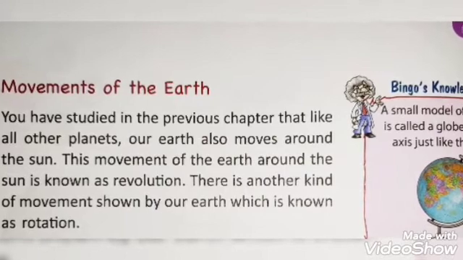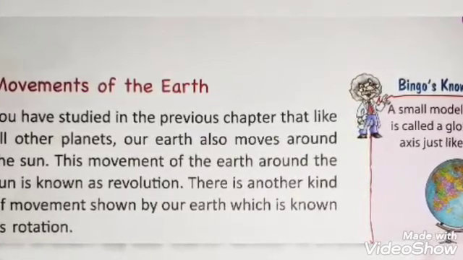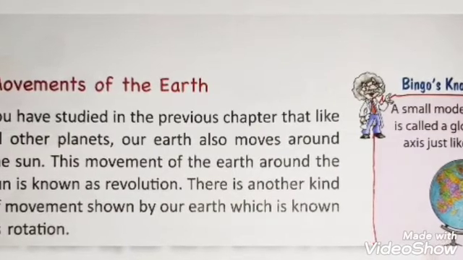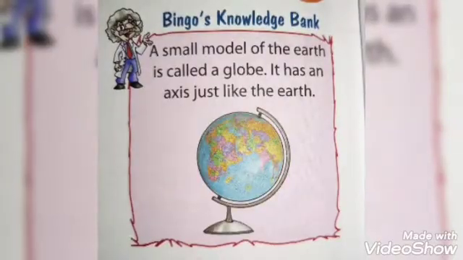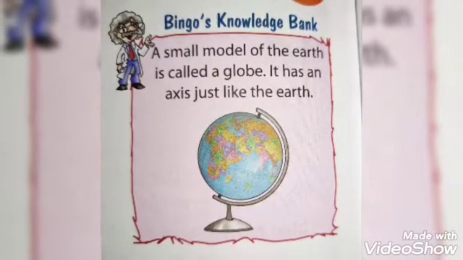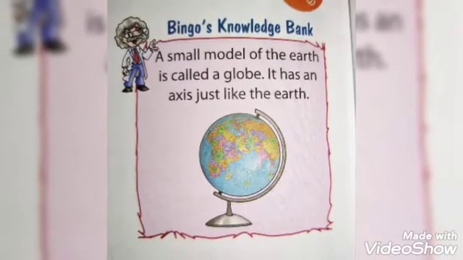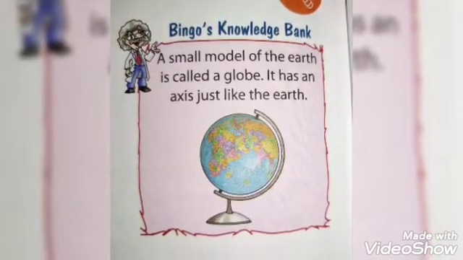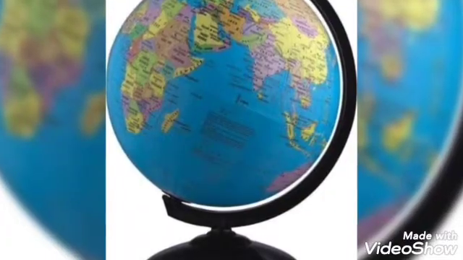Now, movements of the earth. We have studied in the previous chapter that, like all other planets, our earth also moves around the sun. This movement of the earth around the sun is known as revolution.